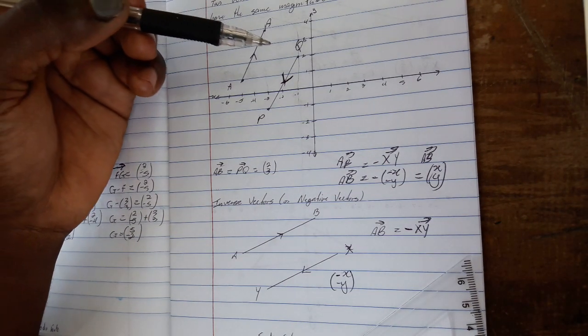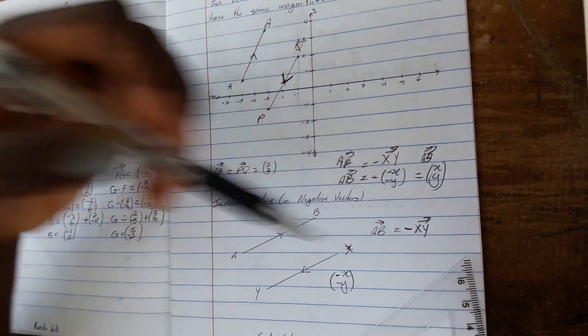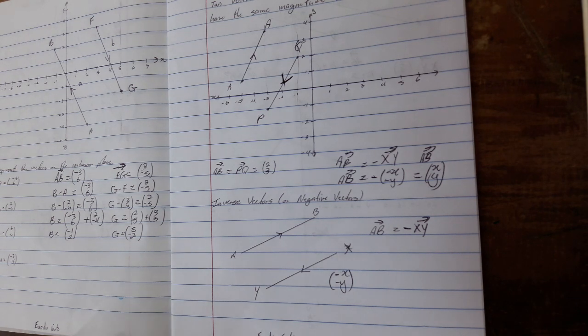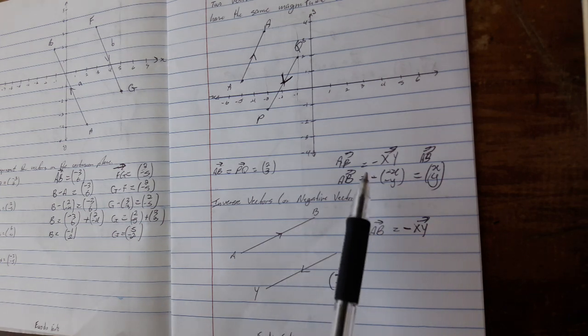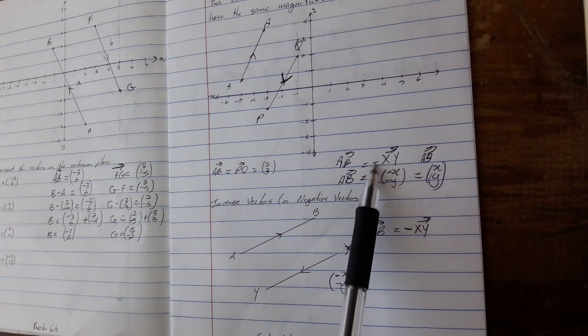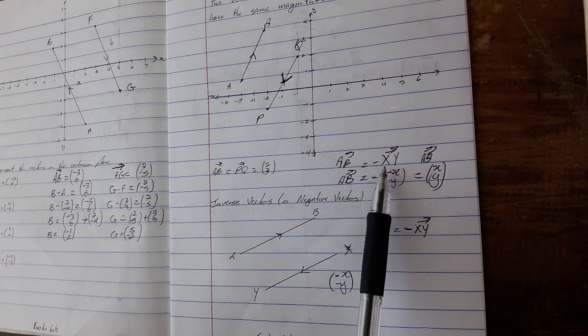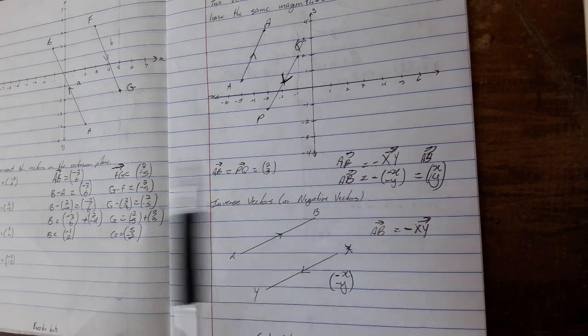One is going in the opposite direction, it's negative. So that's how we get this back. So the negative vectors are going in the opposite direction. One is a negative of the other. To get AB, we have to put a negative to xy because they are inverse vectors. If you wanted to get xy, it would be a negative AB.